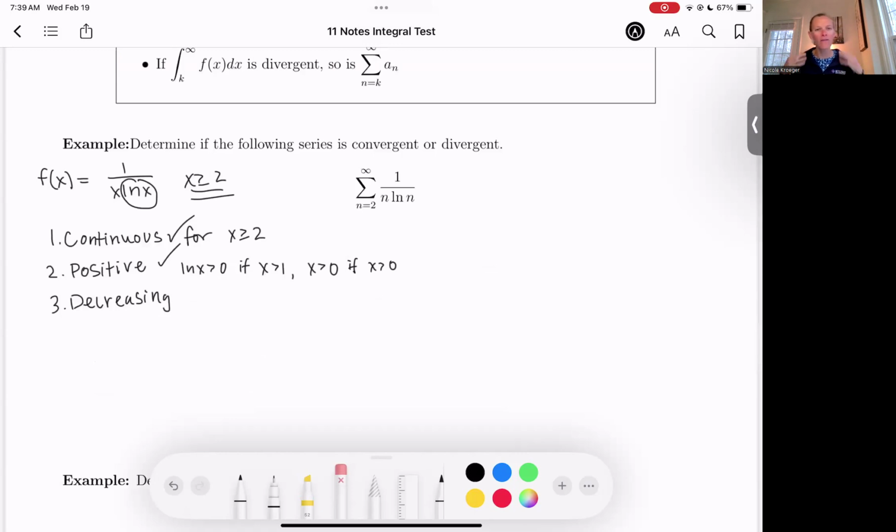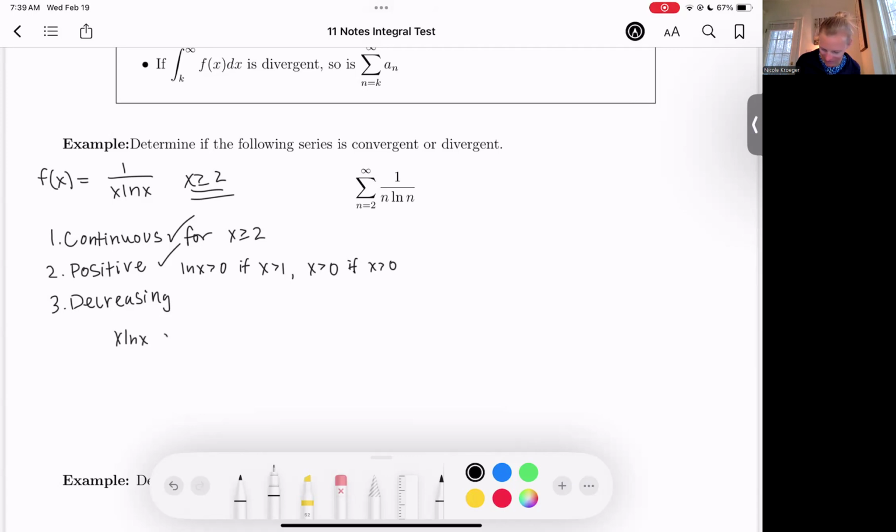We notice that all of the terms for this function are in the denominator, and natural log of x gets bigger as x gets bigger. x gets bigger as x gets bigger. And so the denominator is getting bigger.